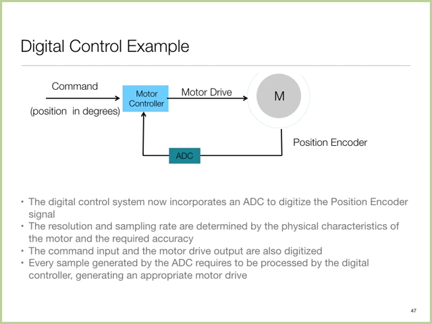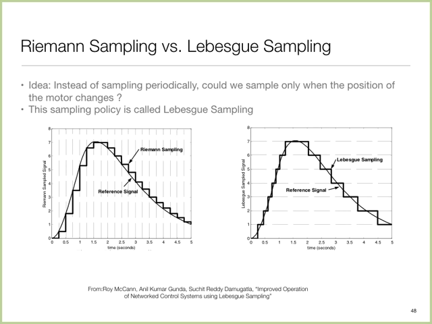That's the idea, and this work was done by Professor Pallet here. It's a very famous paper of his. The notion is that instead of sampling in a regular manner, we change the sample period depending upon how the signal is changing.